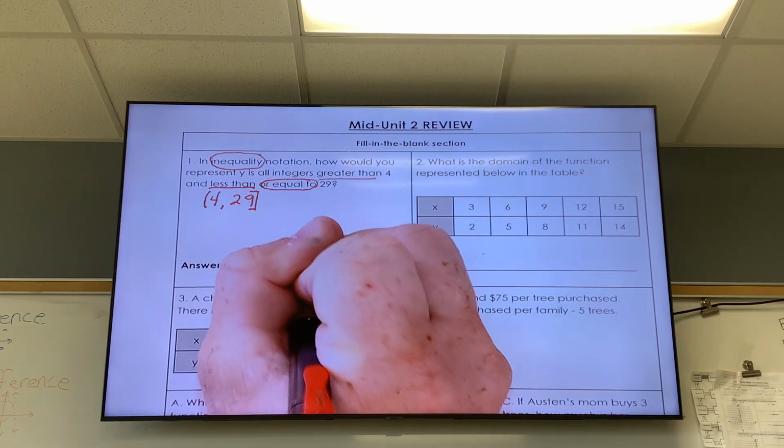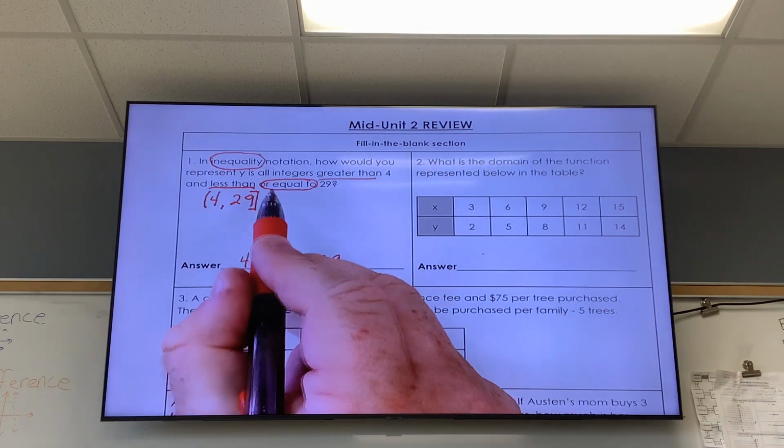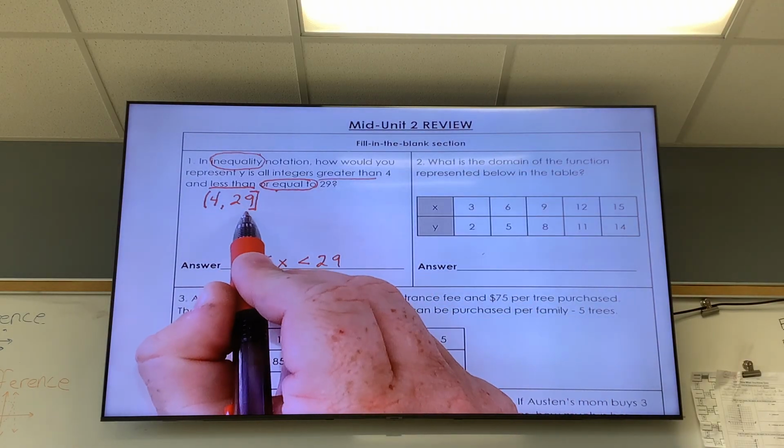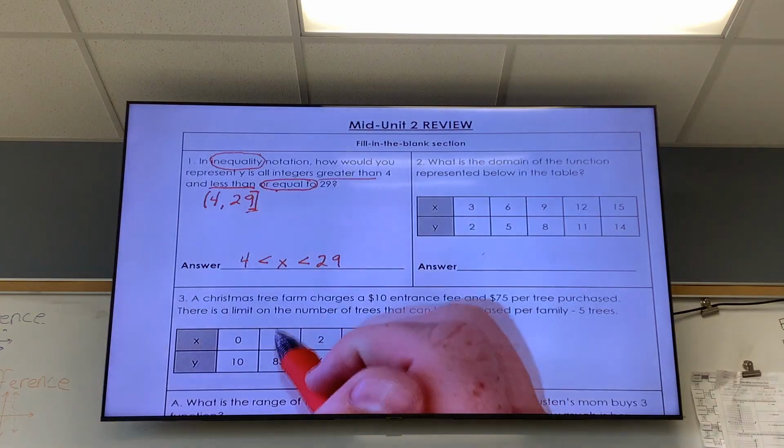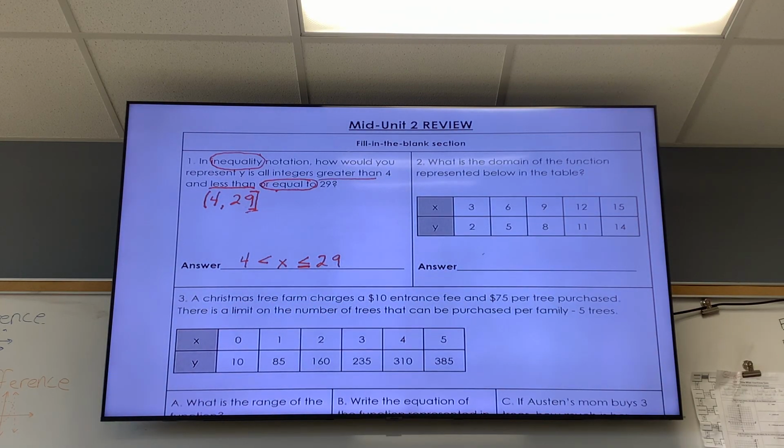We're going to put our less than symbols in between. And then because it says or equal to, and we used a bracket, we are going to put a line underneath our second less than symbol to make it a less than or equal to sign. There's our answer for number 1.